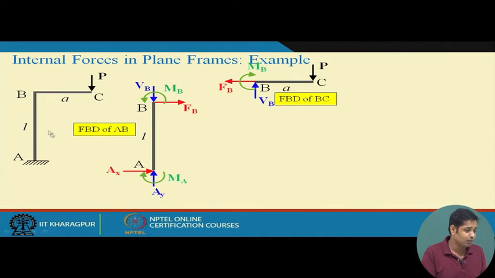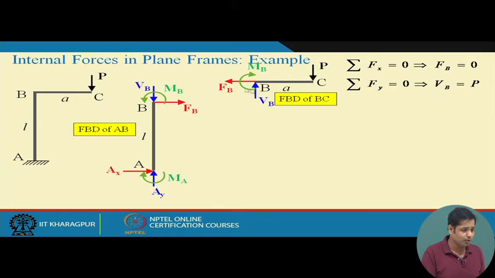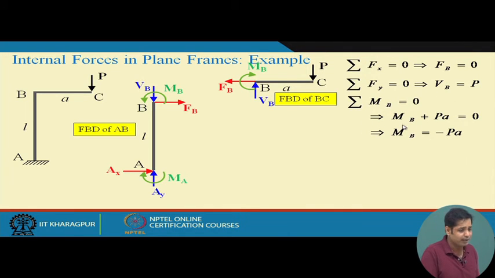We will see situations where at the same joint we have three or four members, and how the free body diagram of the joint is to be shown in those cases, we will discuss later. Here it is simpler, because B is connected to only two members. Applying equilibrium equations to BC: summation of Fx equal to 0 gives FB equal to 0, Fy equal to 0 gives VB equal to P, and moment equal to 0 gives MB equal to minus Pa. This is straightforward, we have done it many times.